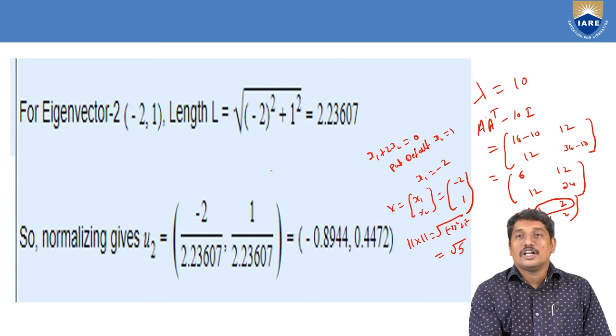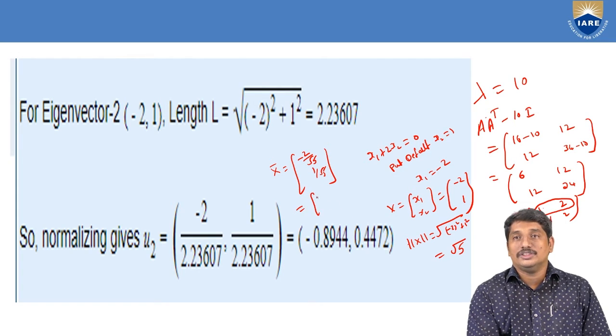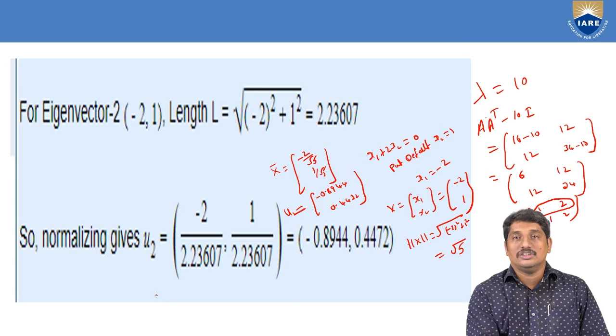So the corresponding normalized vector x bar is given by minus 2 by root 5 and 1 by root 5, which is nothing but minus 0.8944, 0.447. For the sake of time we denote this with u2. So this is our u2.